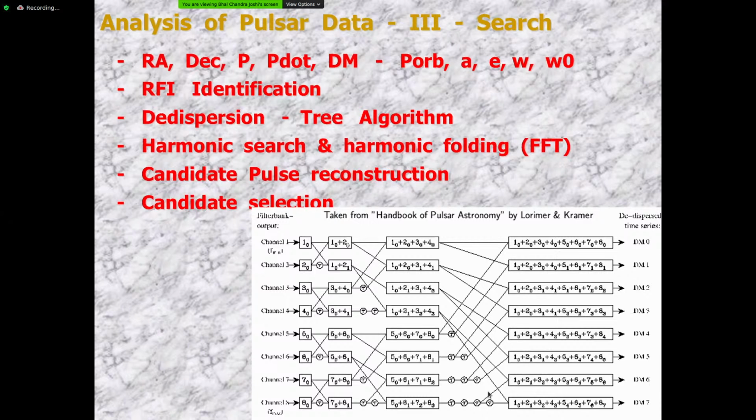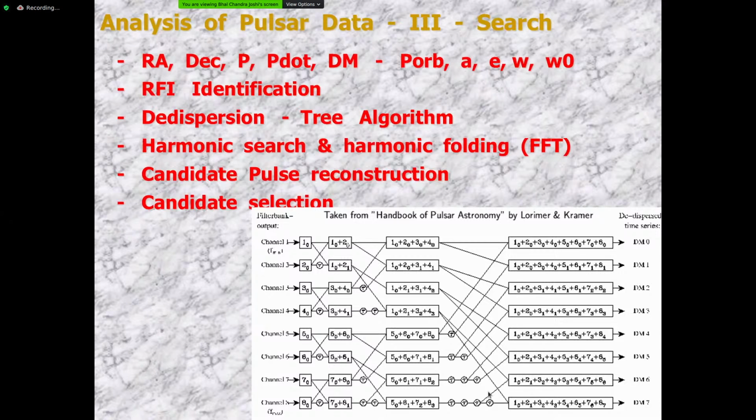If you have a 100 square degree sky and your telescope beam width is 1 square degree, you will divide this sky into 100 points and point your telescope to each of these points for a certain time, acquire the data, then go to the next point and so on, till you have completed the entire survey.